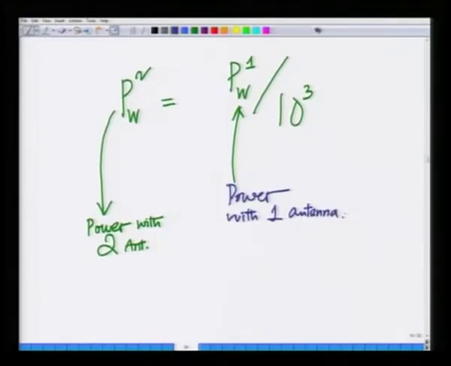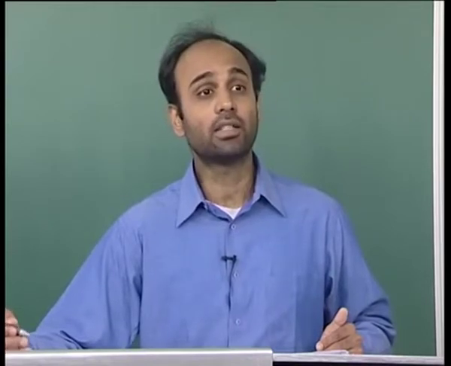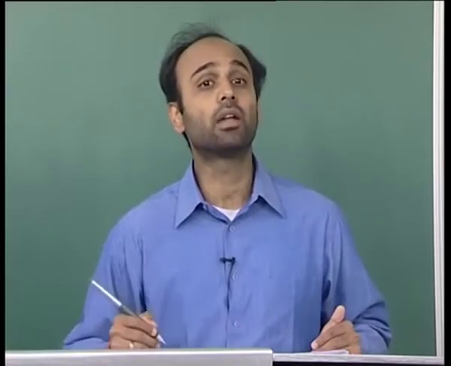Thus, PW2 is 1000 times lesser than the power required with 1 antenna. That is, if 10 kilowatts was required with 1 receive antenna, now we require 10 kilowatts by 1000, which is simply 10 watts. So, adding one more receive antenna has resulted in a significant improvement in the bit error rate at the receiver.